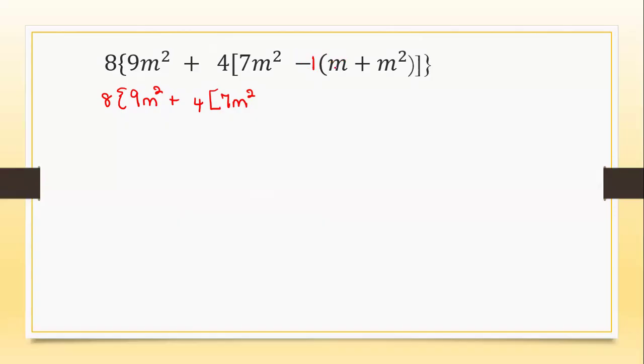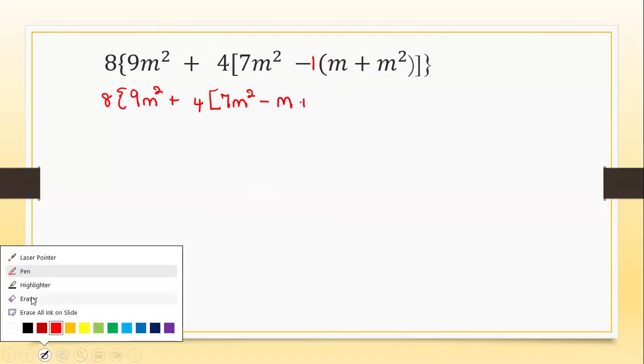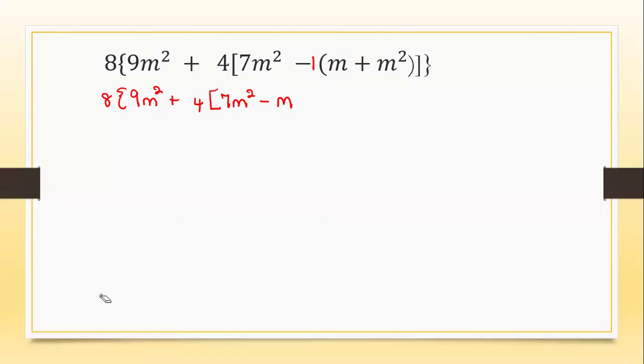So we have negative 1 times m giving us negative 1m. Negative 1 times positive m squared giving us negative m squared. So we would have gotten rid of this bracket.